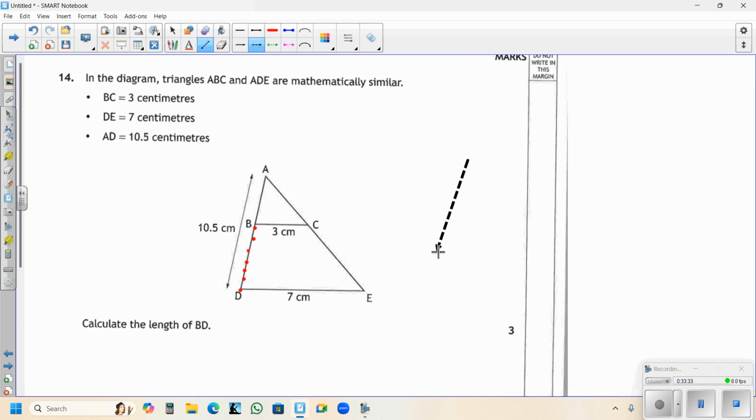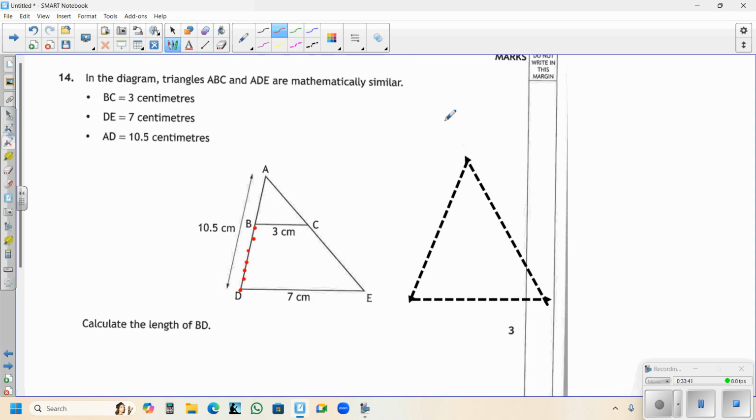So there's the big triangle. Okay, and we'll put in some letters so that we can see this. So we've got A at the top, and we've got D at the bottom, and we've got E down here. I know that that is 10.5 centimetres, and I know that that is 7 centimetres.